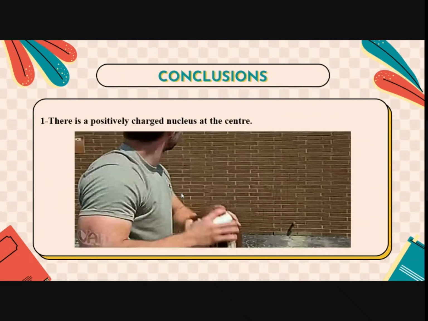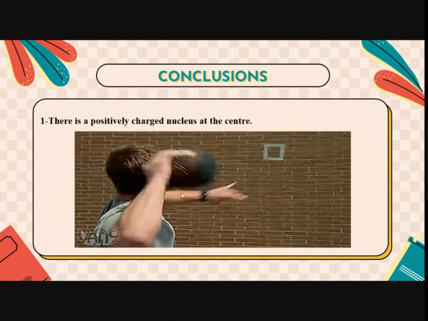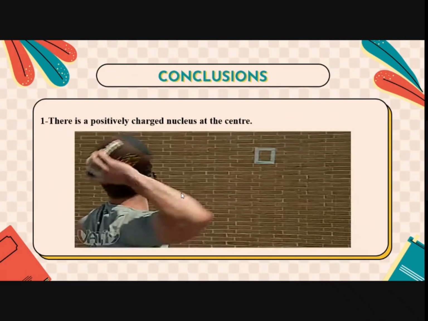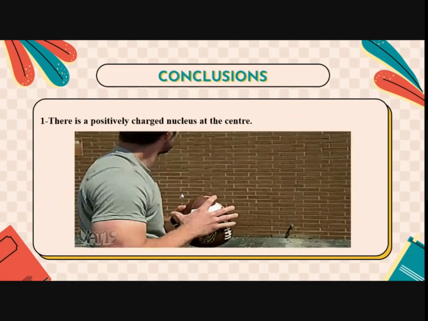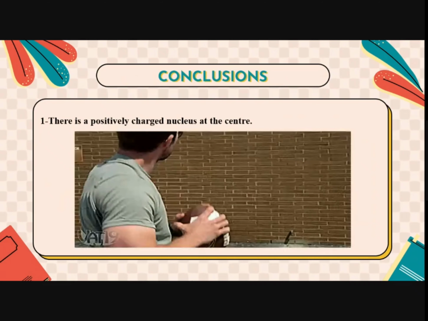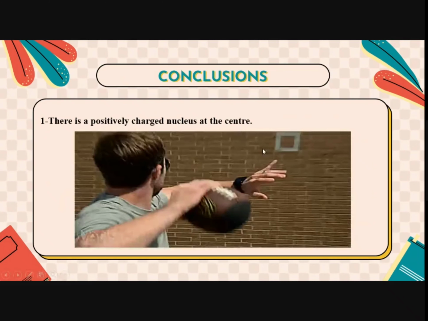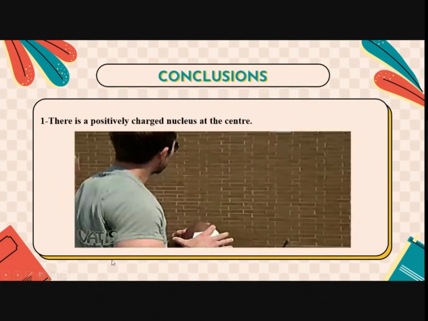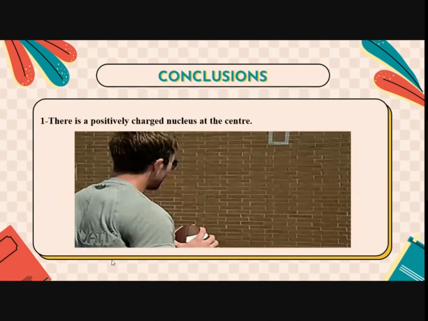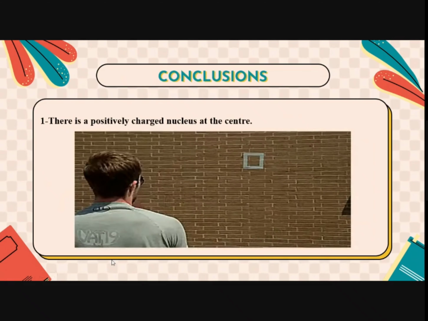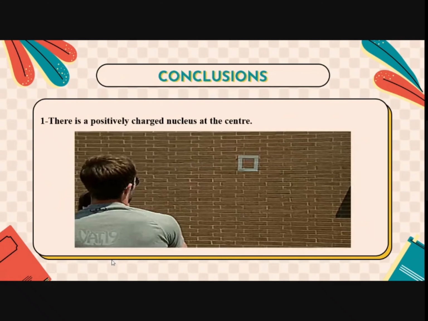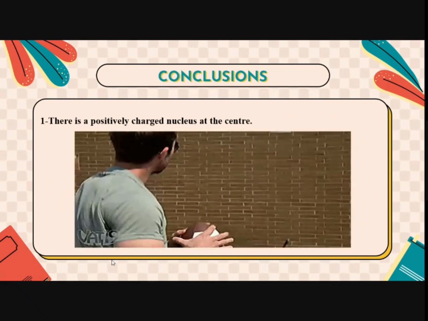Now, students, if I take a small object like a ball, if you can see over here, and I throw it on a wall, what do we observe? We see that the ball is coming back to us. As you all can see over here, the person is throwing the ball and the ball is coming back to him. Right? So, which is the heavier object over here? The heavier object is the wall. Correct? And the lighter object is the ball that the person is holding in his hand. Okay.